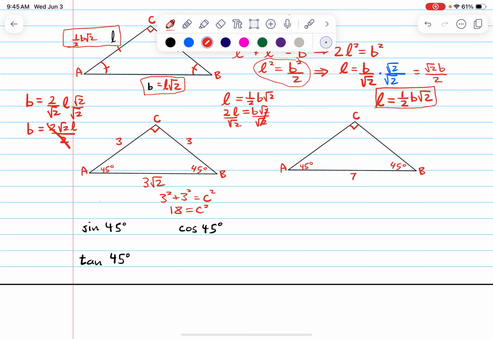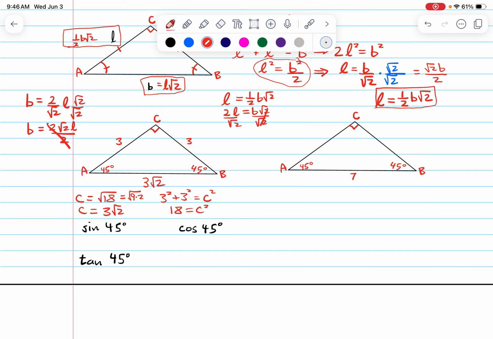And then if I square root that, I get c is equal to the square root of 18. Well, that is the square root of 9 times 2. Square root of 9 is 3. Ooh, look, it worked. So we could have used Pythagorean theorem on that, but anyway.